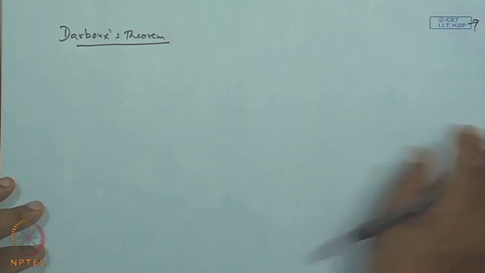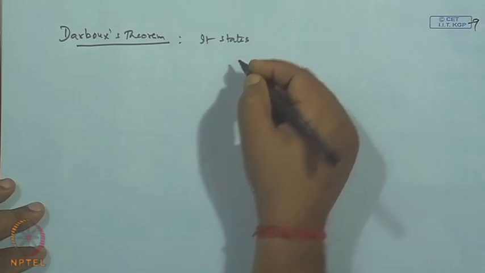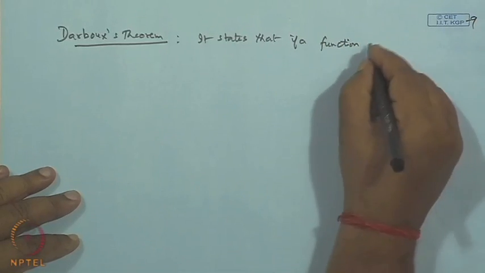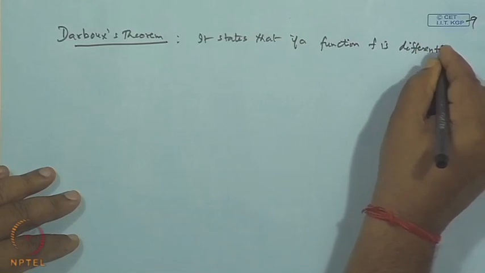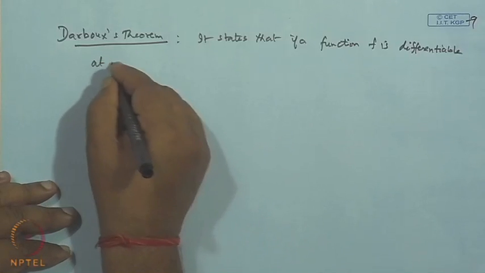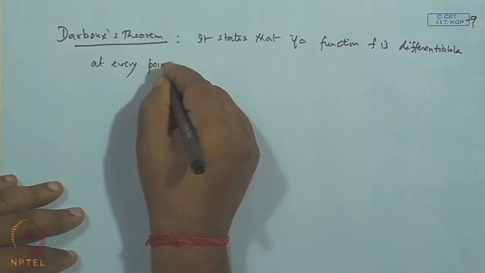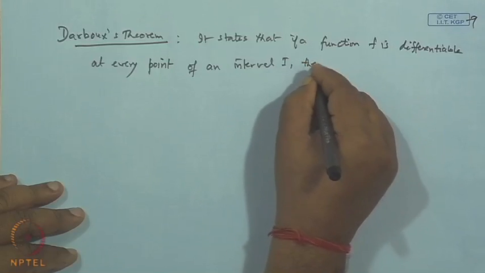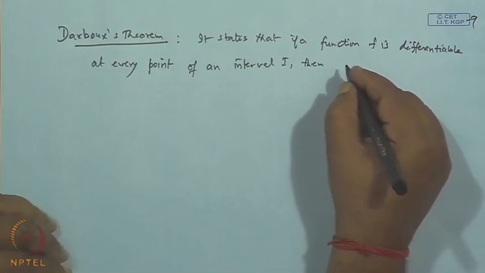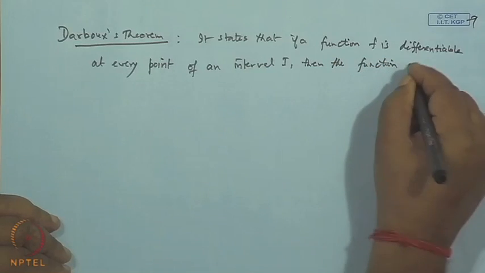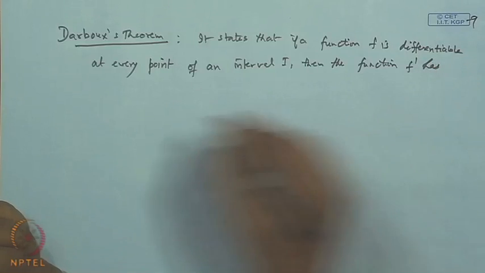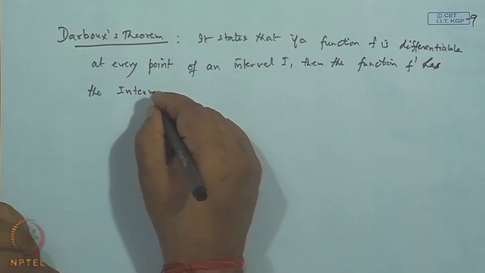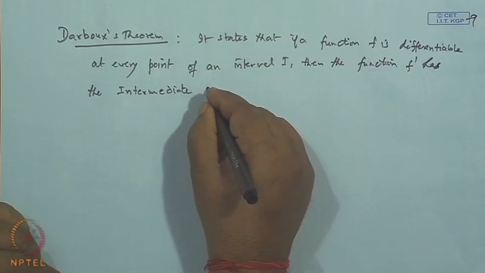It states that if a function f is differentiable at every point of an interval, say I, then the function f prime, that is the derivative of this function, has the intermediate value property.